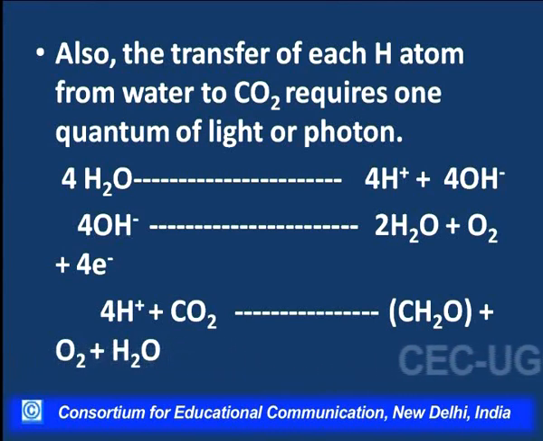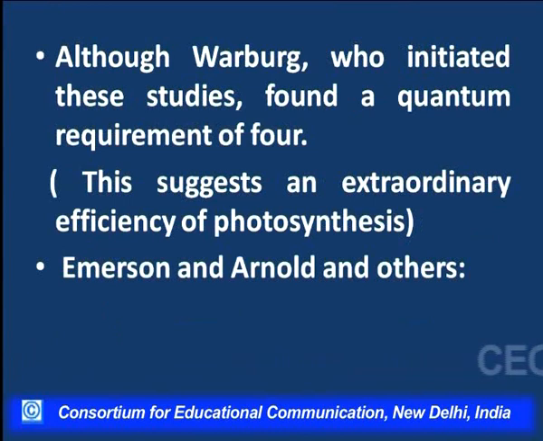So that means 4 H ions, 4 protons, are required per oxygen. The initial work of Warburg had given us the idea of the quantum requirement of 4. Now we have to be very careful, because Warburg was the person who initiated all these studies, and he was a pioneer in the field, and he calculated that 4 of the protons are necessary.